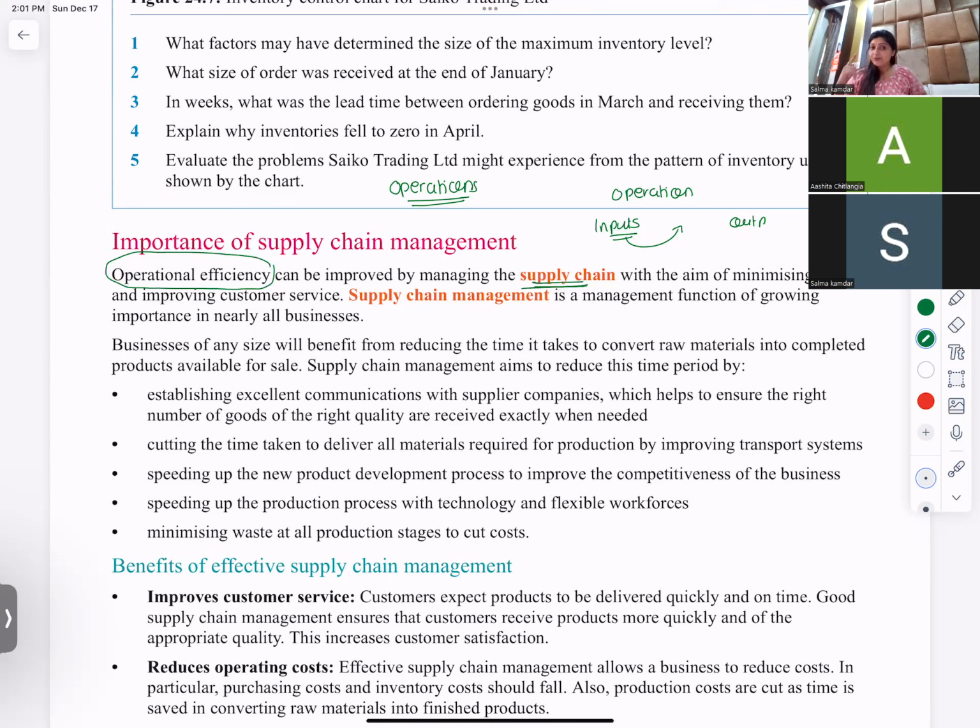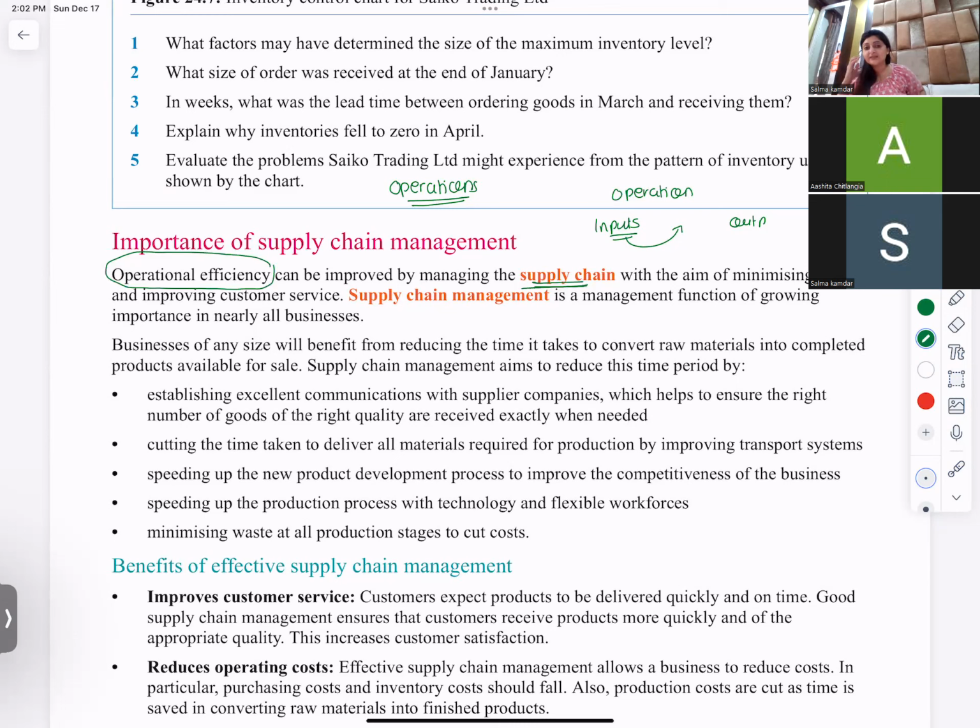So when I'm talking about operational efficiency, it can be improved by managing the supply chain.